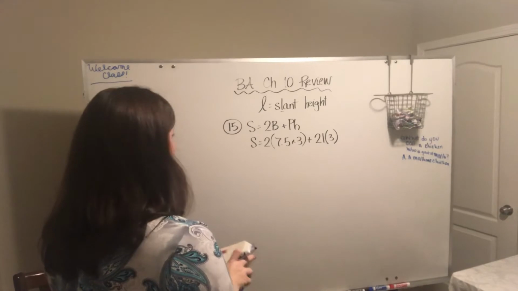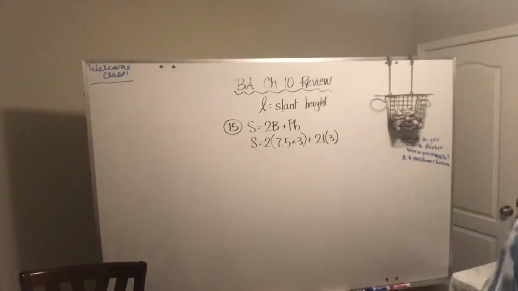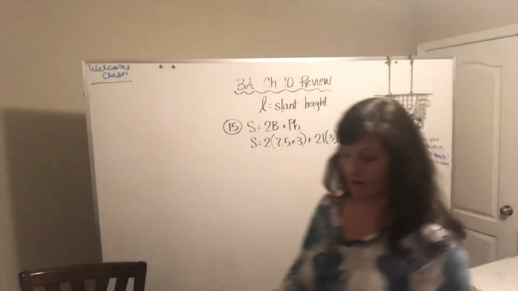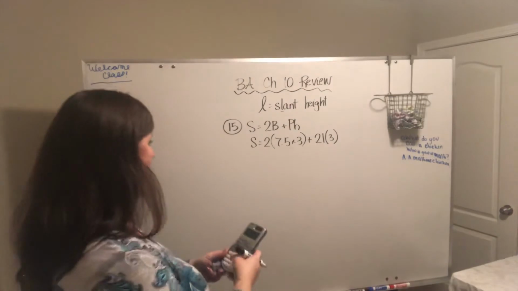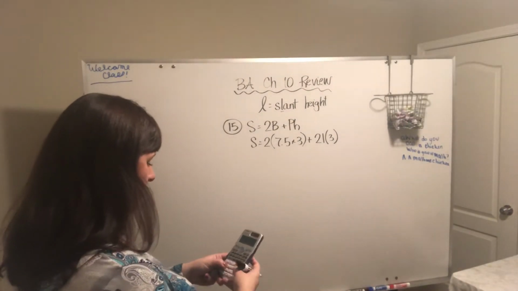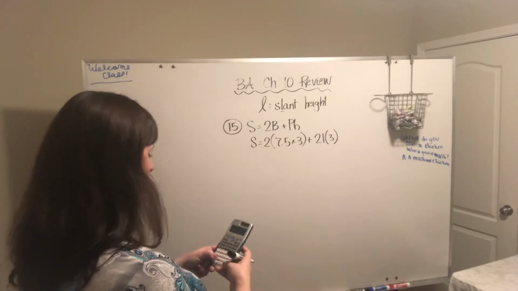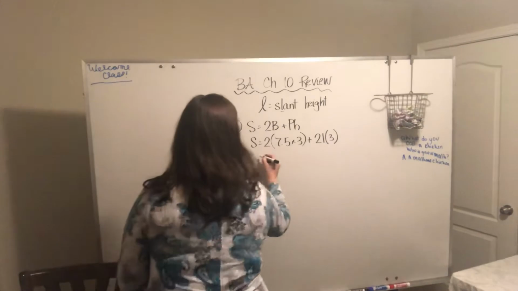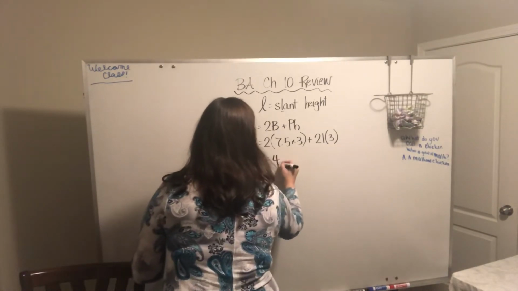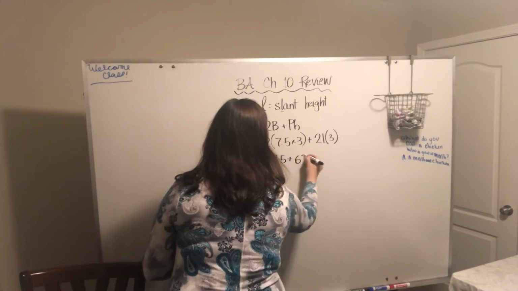So if I multiply, I'm going to go ahead and grab my calculator here, because you can use them. So I've got 7.5 times 3 times 2, and that is 45, plus 21 times 3 is 63.